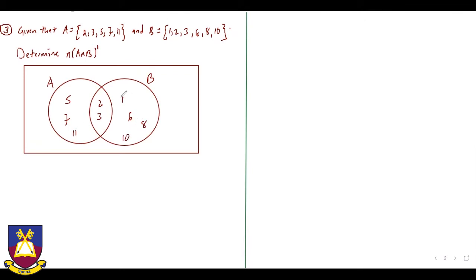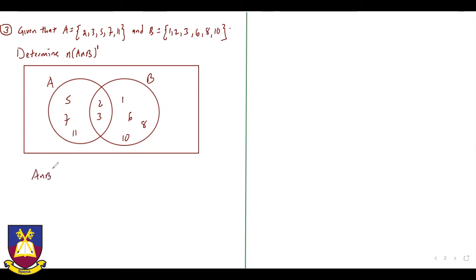So we could count this. This one means members that are not in the intersection of A and B. So those are 1, 2, 3, 4, 5, 6, 7. Though we could first have listed the members.